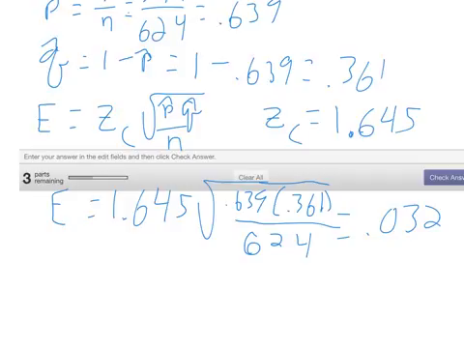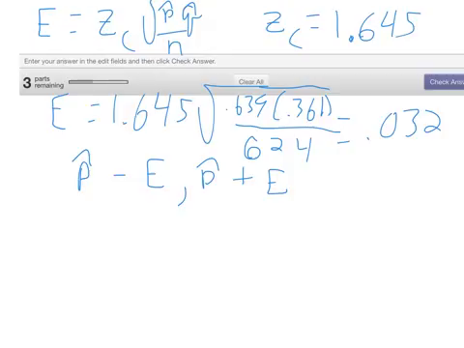And so now we want the confidence interval, which is p hat minus the margin of error and p hat plus the margin of error. And let's see, what was p hat? P hat was 0.639.